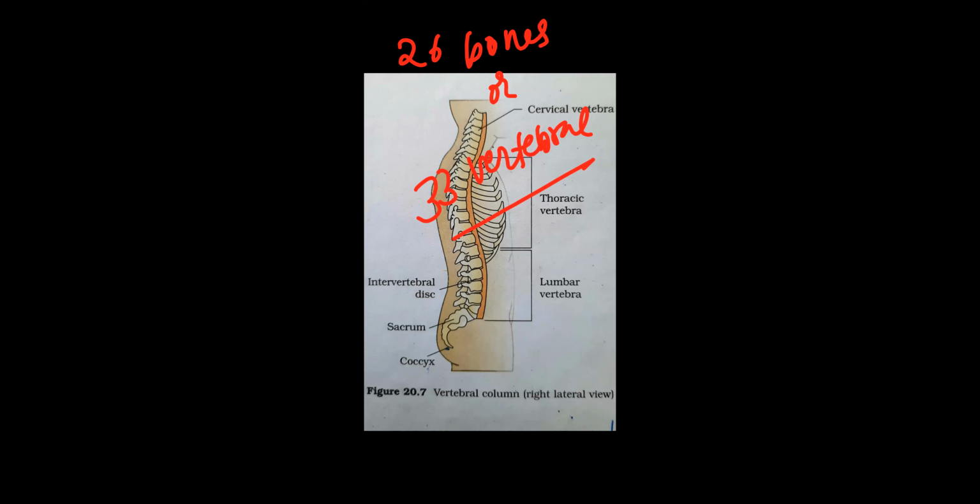How many are there? 33 vertebrae are present. But when we count bones, you cannot count 33. At that time some of the vertebrae are fused with each other, so we do not consider them individual bones. So we call it a structure made up of 26 bones.